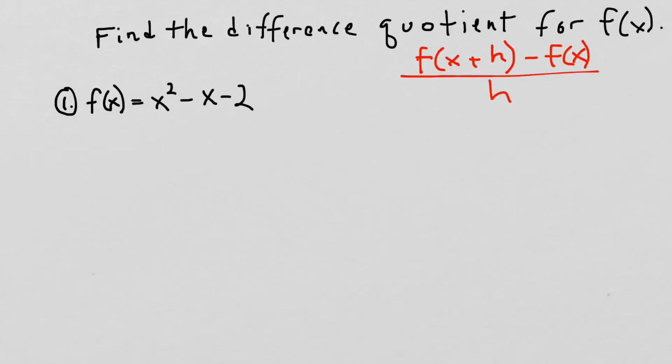Okay, so I've written the formula for the difference quotient over here. So we're going to go ahead and do our substitutions here. So we've got f of x plus h. Oops, let's get a skinnier pencil. All right, so I'm going to substitute x plus h wherever I have an x.